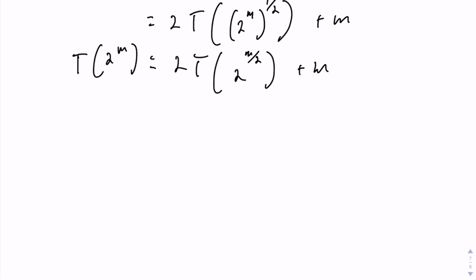One thing you might notice here is that what are we plugging into our function T? In both cases, we're plugging in 2 to the something. So what we can do is define a new function that has that rolled into it, so to speak. I'm going to define a function S, and it's just going to take in m.